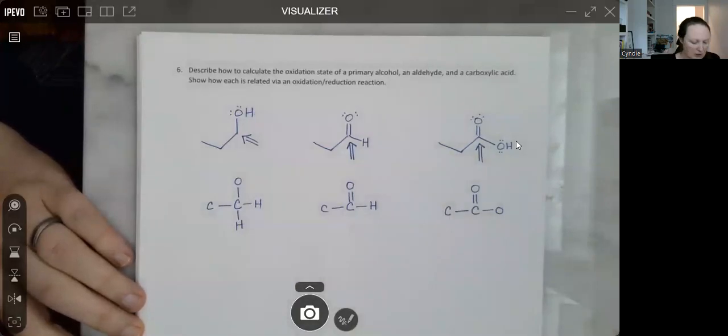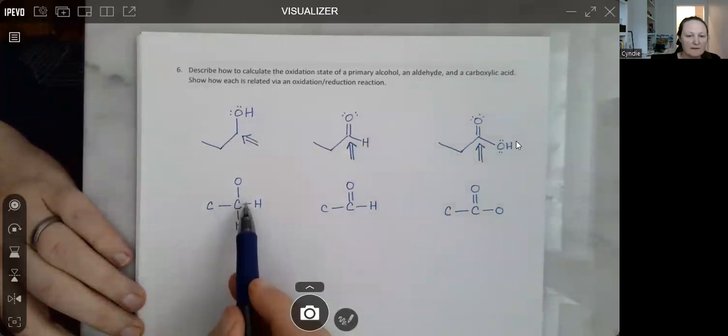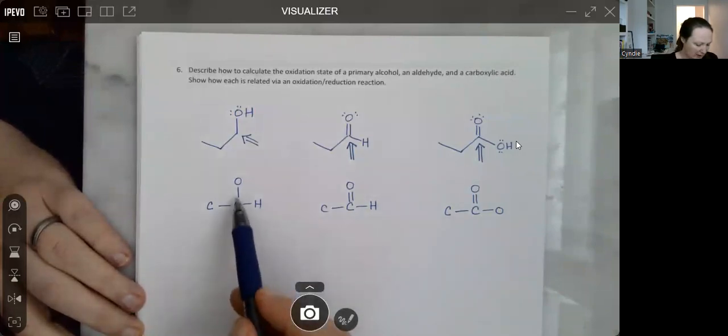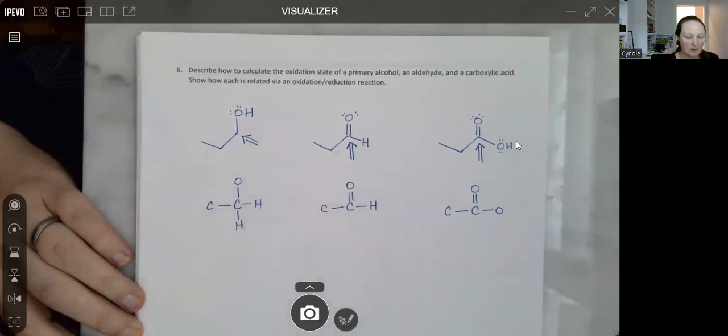So for formal charge, I would take the number of valence electrons, which for carbon is 4, and then I would subtract the number of assigned electrons, and that would be 1 for each bond. So in all cases, it would have a formal charge of 0 because there's 4 minus 4 bonds, which is 0. But for calculation of oxidation state, we assign the electrons differently.